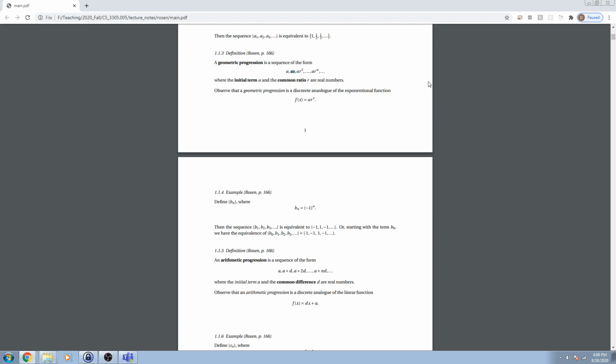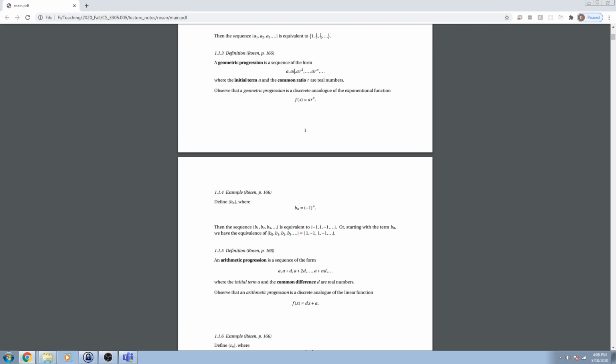So if r was 1/2, then we would have a times 1/2, then a times 1/4, then a times 1/8, and so forth, and a times (1/2) to the n. But the ratio doesn't have to be less than 1. It can also be 1 or greater.